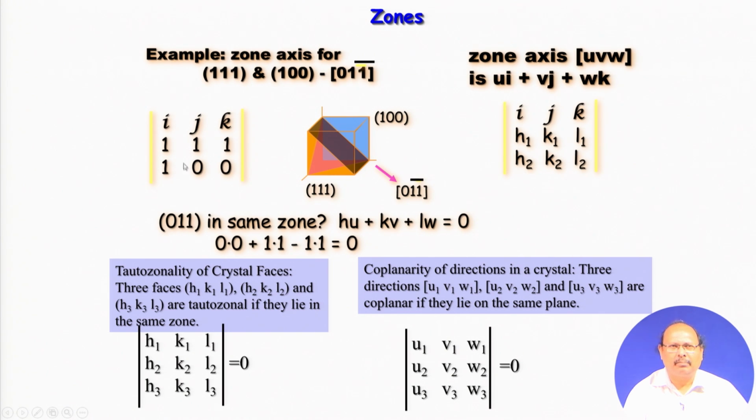So, in the place of u, this will be 0 here. Then in the place of v, that is minus v, you take out this column and this row, this is 1 into 0 minus 1 into 1, that is minus 1. So, minus v is equal to minus 1, so v is equal to 1.